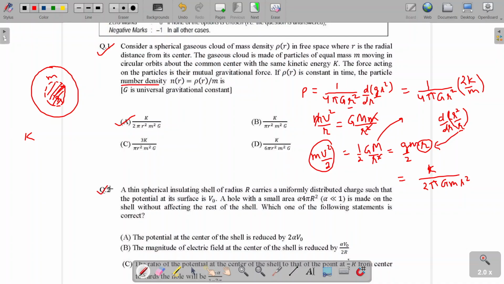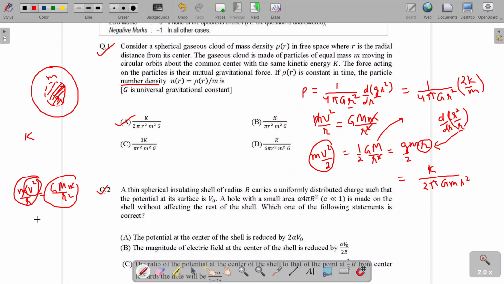Question number two, we'll discuss in the next one. There's one more approach to do this one, which is basically differentiating this particular expression, that is mv square by r is equal to GMm by r square. You can differentiate this particular expression with respect to small r and say that v square is a constant.